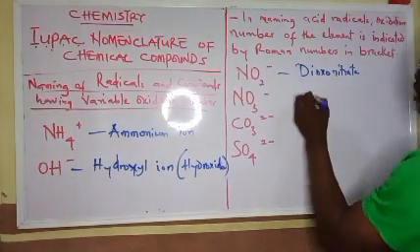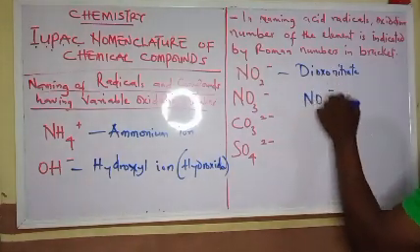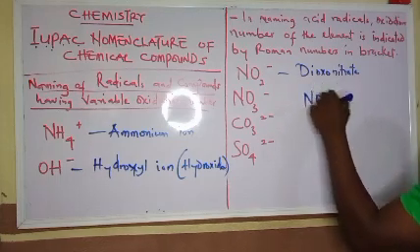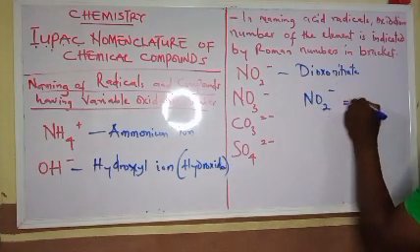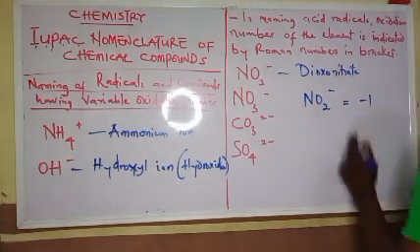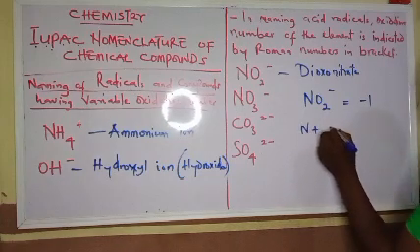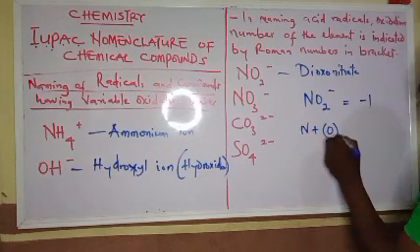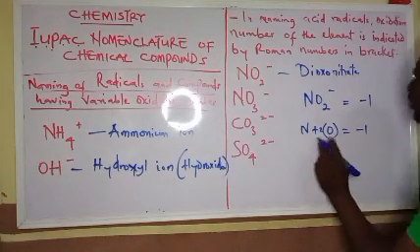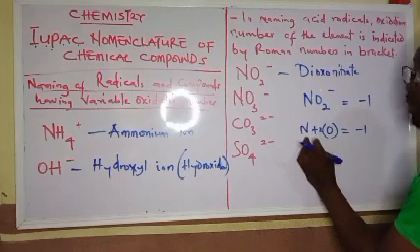Now, if you look at this compound, that is NO2 minus, the sum of all the oxidation numbers in this particular radical is equal to -1 because it's carrying a negative charge. So the oxidation number of nitrogen plus twice that of oxygen will give us -1. The central atom here, the nitrogen, is what we are going to look for.